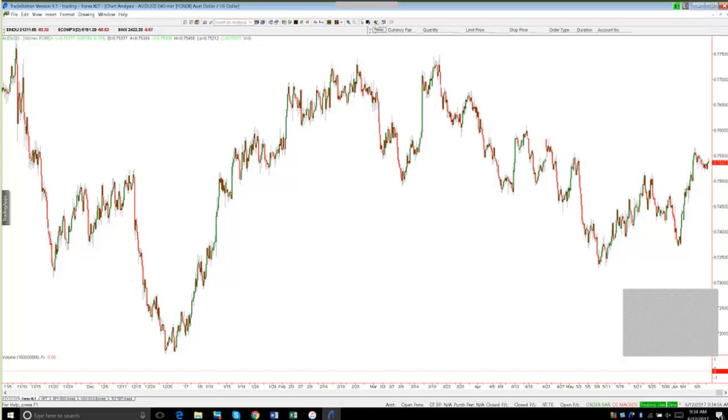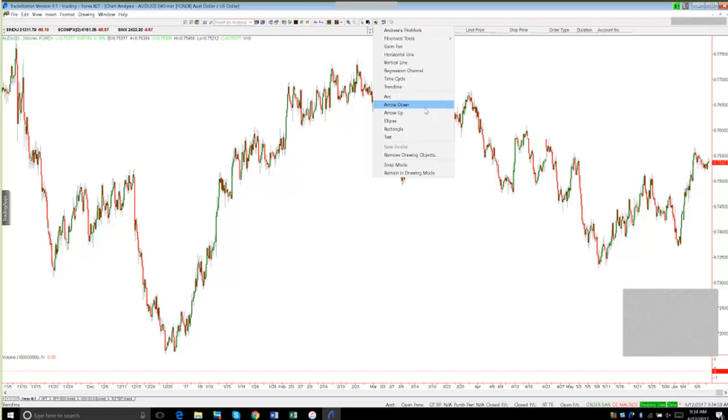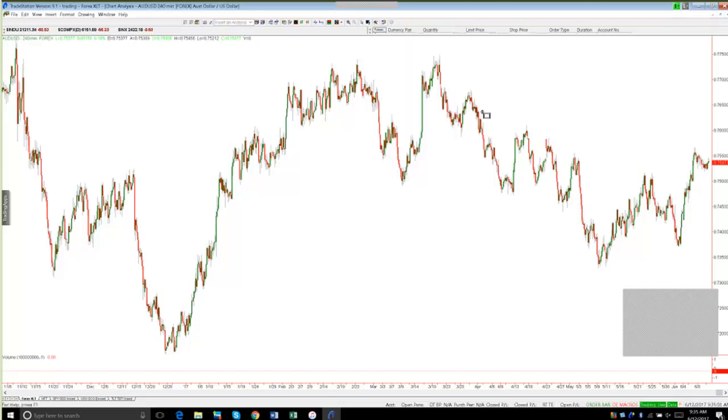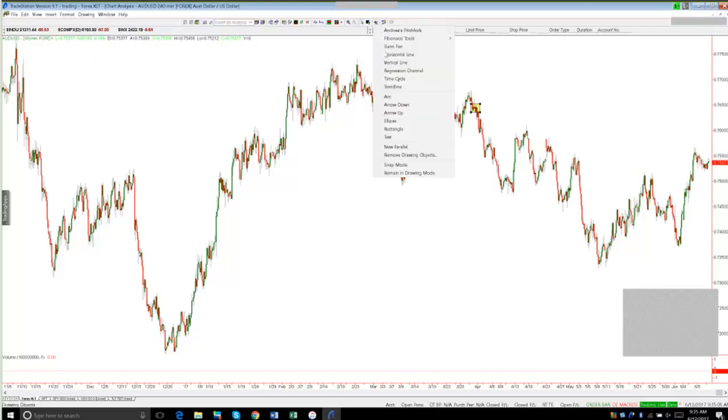So there are 3 levels here sitting on top of each other that meet the criteria that we're looking for. So let's pick these top 2.